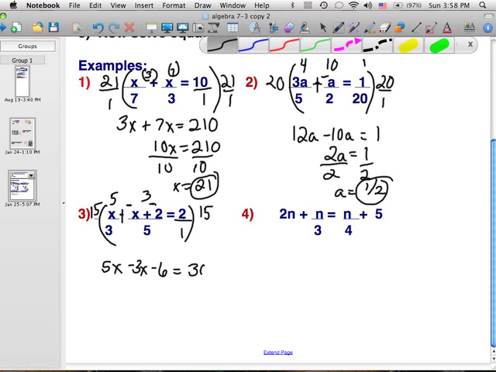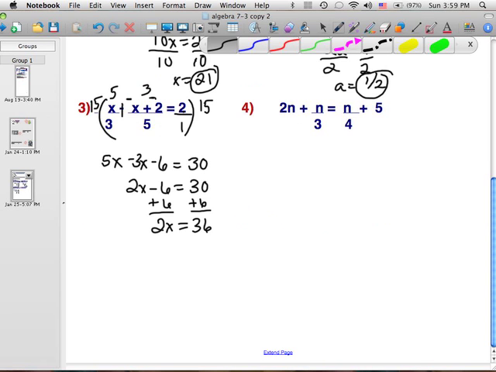And 2 times 15 is 30. Collecting like terms, I have 2x minus 6 equals 30. Solving for x, add 6, and I get 2x equals 36. Divide by 2, and x equals 18.